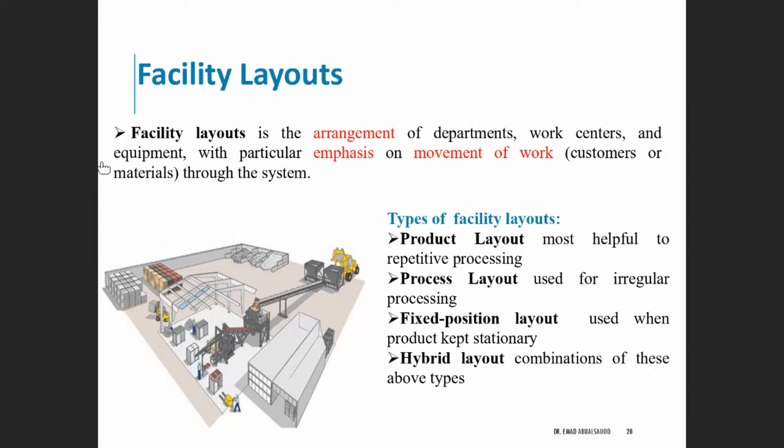Then it became this word which is more general, and I like this word more, facility, because a facility could be for production or for a service. You can also use facility layout in designing a hospital.